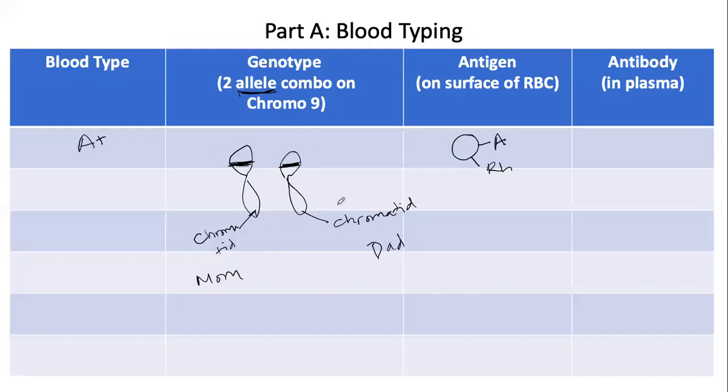So this is chromosome 9, or chromosome pair 9. This is the gene that codes for whatever blood type I am.